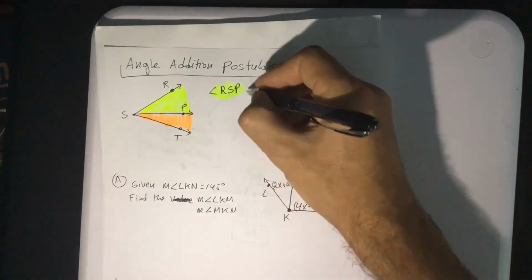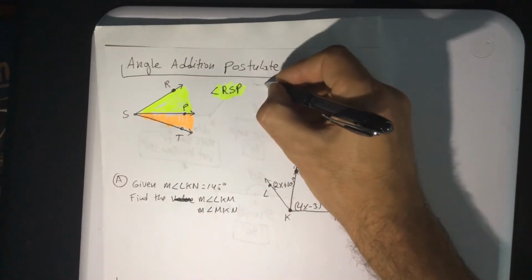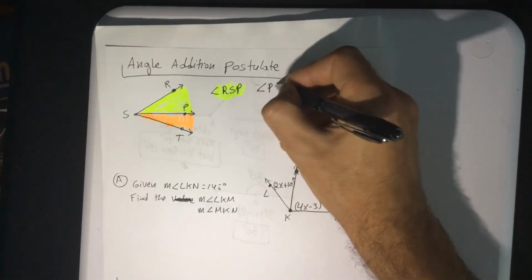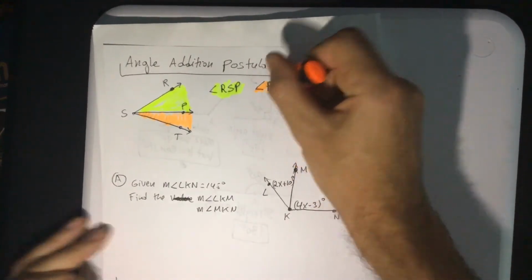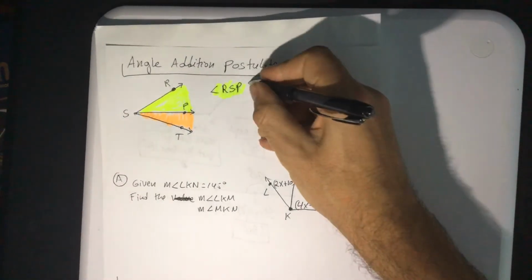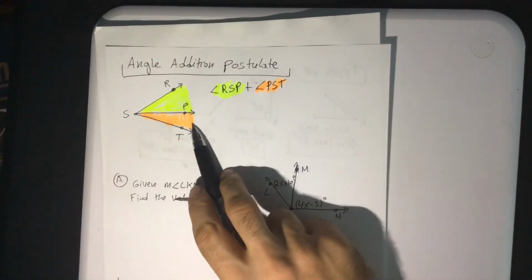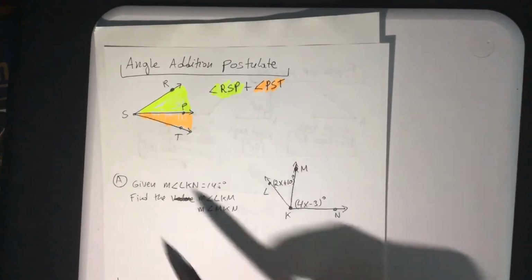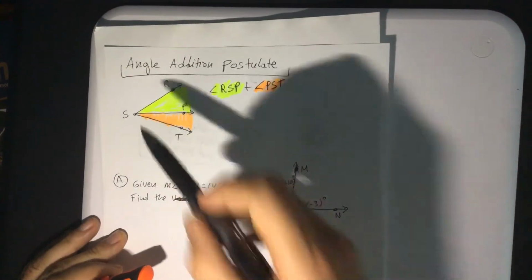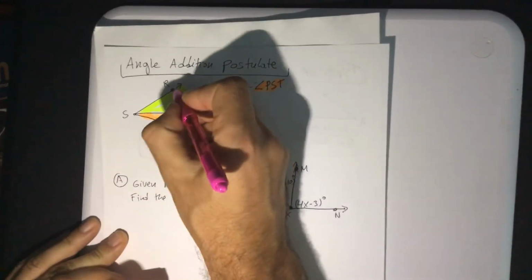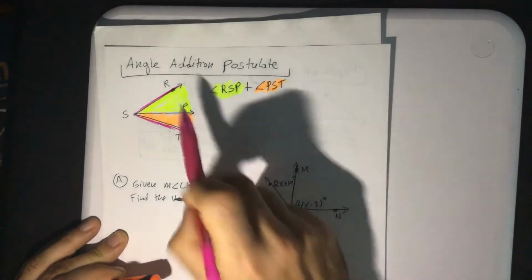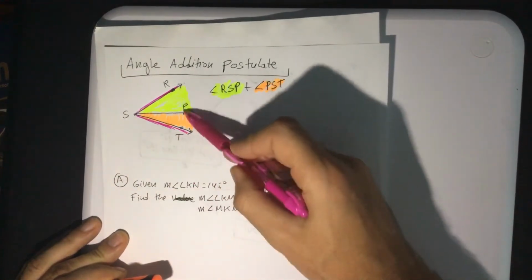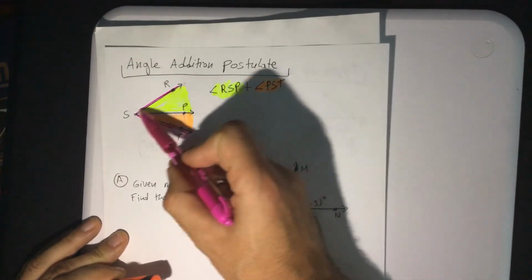If you add them together, the yellow angle plus the orange angle is going to be equal to this bigger angle here, angle RST.